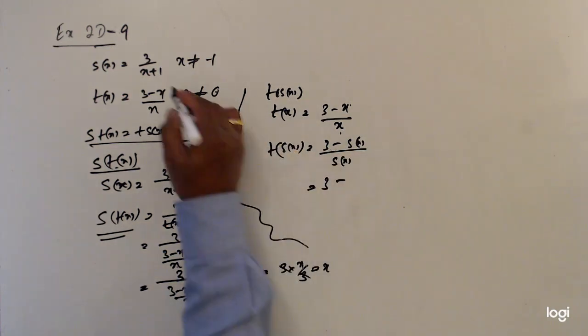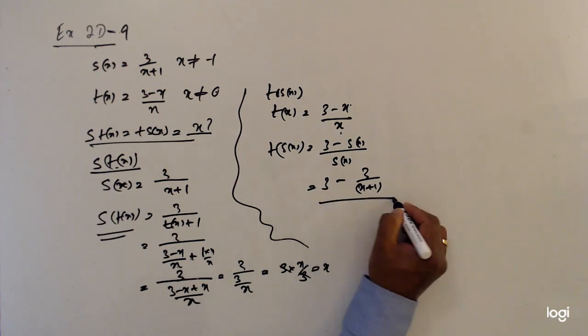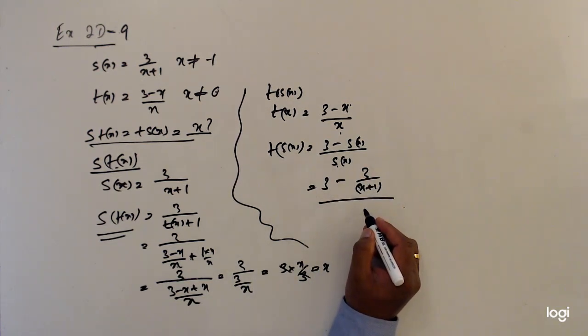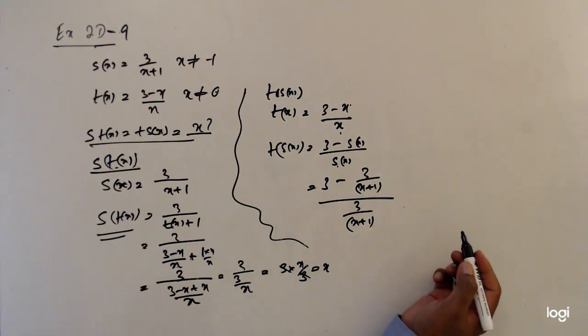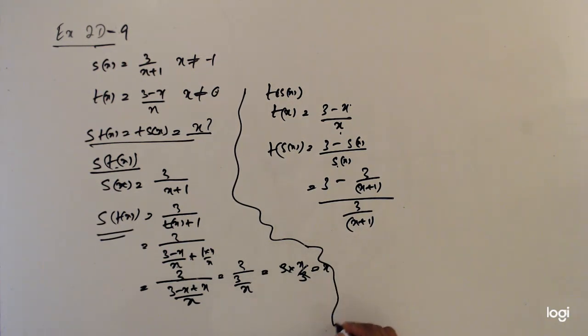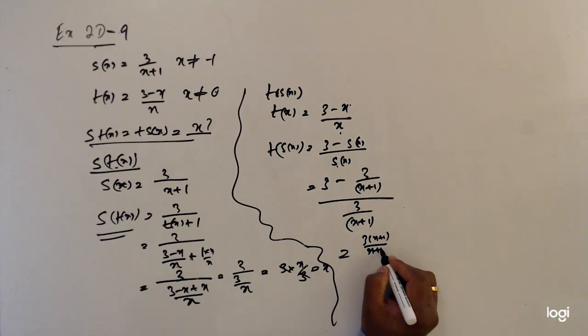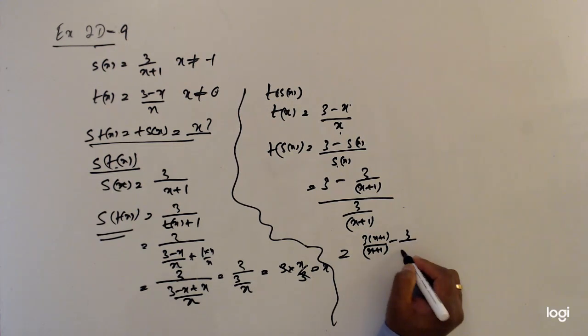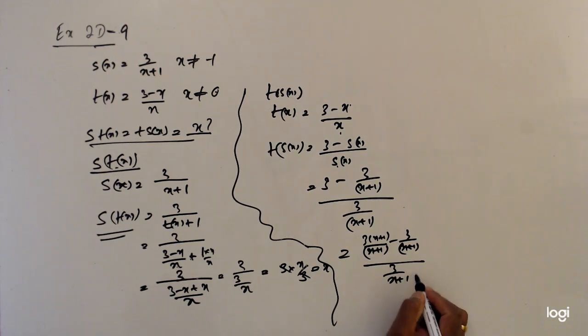So 3 minus S(x), over S(x), where S(x) is 3 over x plus 1. This is going to be 3 times (x plus 1) over 3 over x plus 1.